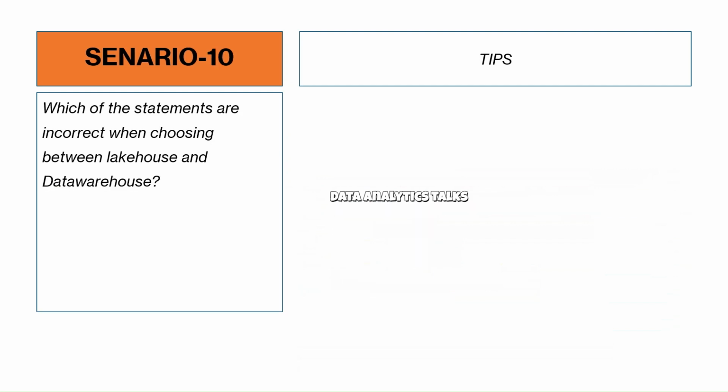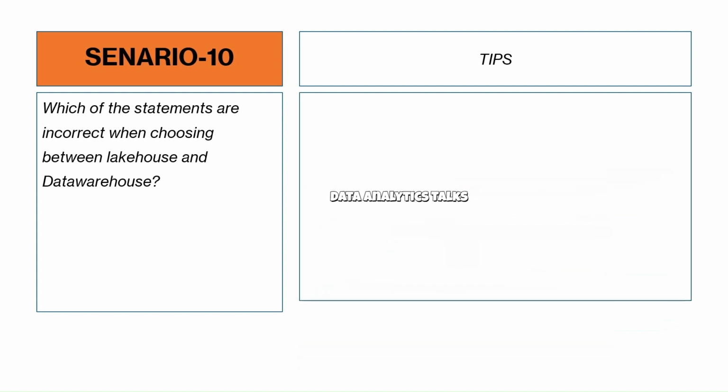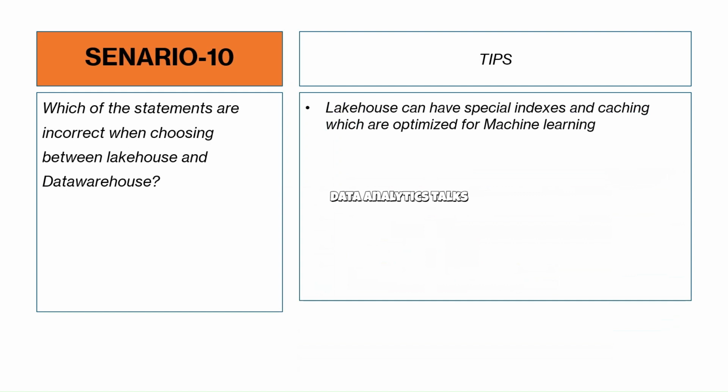Coming to scenario 10, which of the statements are incorrect when choosing between Lakehouse and data warehouse? As you approach Databricks, it is ideal that you understand the Lakehouse concept and the data warehouse concept. What are the options here? Lakehouse can have special indexes and caching which are optimized for machine learning.